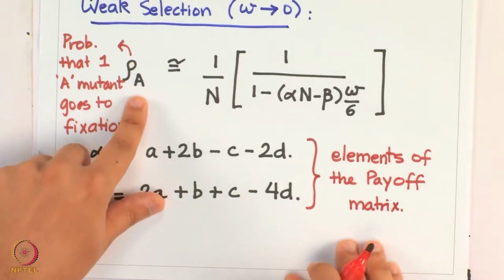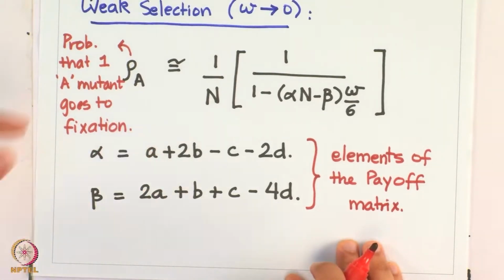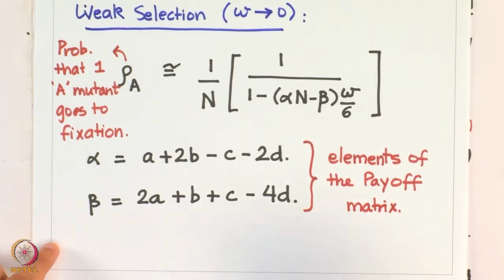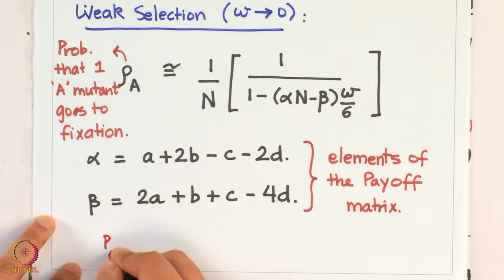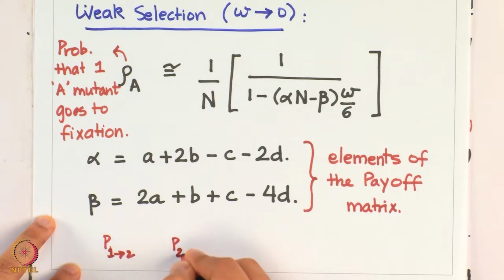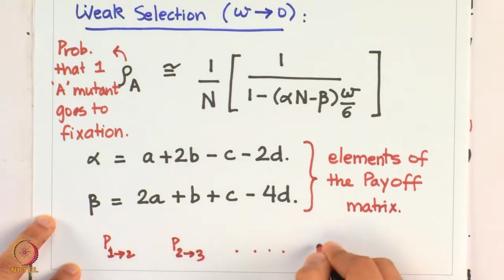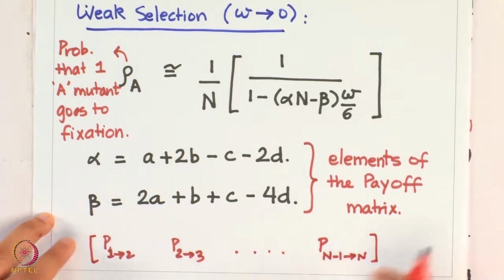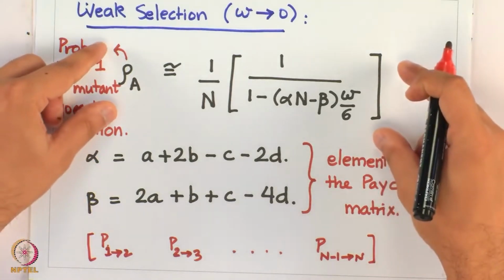And this particular rho A is the probability that one A individual mutant that arose in the population goes to fixation. While this mutant went to fixation, all the steps associated with P 1 to 2, and then P 2 to 3, and so on and so forth, going all the way up to P n minus 1 to n, all of these steps and their respective probabilities have been incorporated into this.